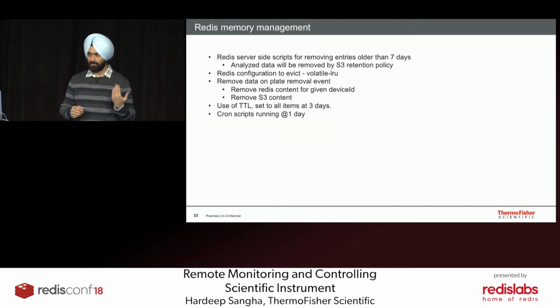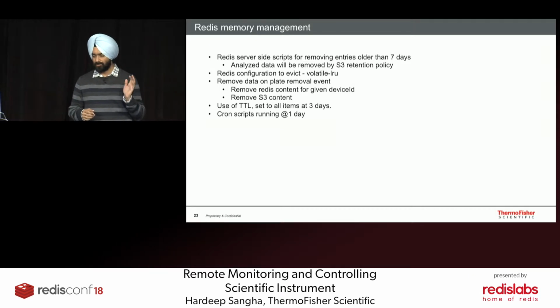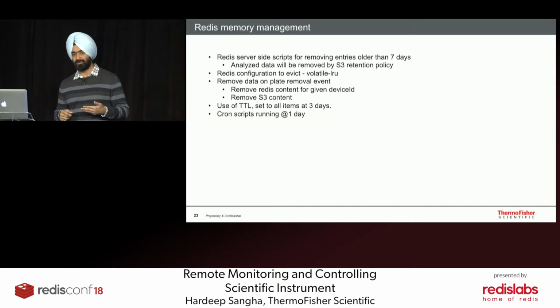And then remember the remote commands. Essentially this doesn't use the remote command, but at the end of the run, we send something called a plate remove event from the device. As that device event comes to us, based on that device ID, we remove everything in Redis for that. In some cases, that event may never come, right? So we also run a cron every night.